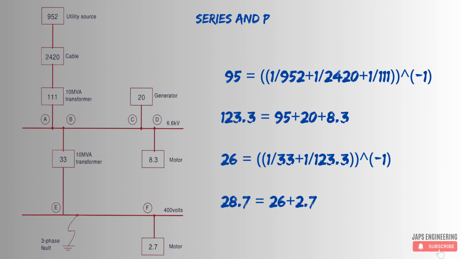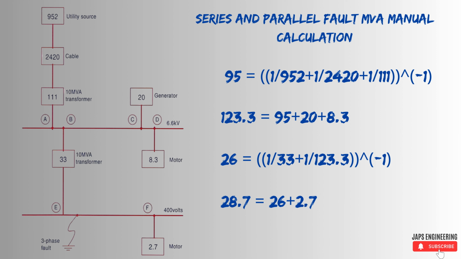When calculating fault MVA, if the system is in series, we take the reciprocal of each value, add them together, and then invert to obtain the equivalent fault MVA. If the system is in parallel, we simply add the values directly. Following this step by step method, the final fault MVA at the 400 volt bus is calculated as 28.7 MVA.